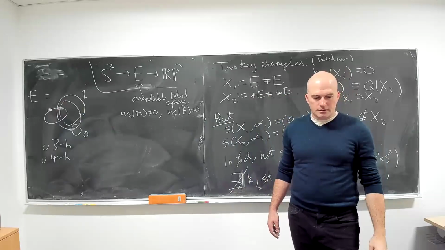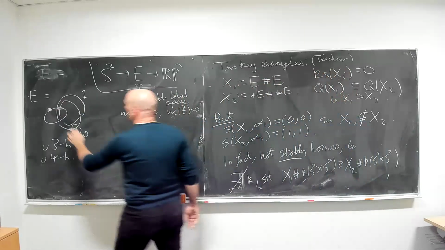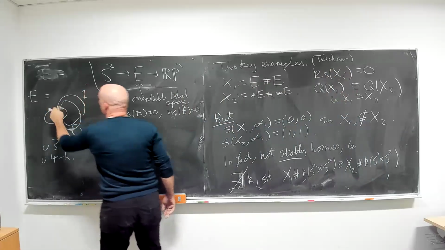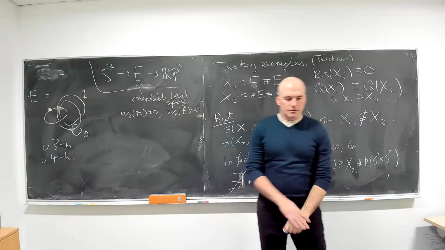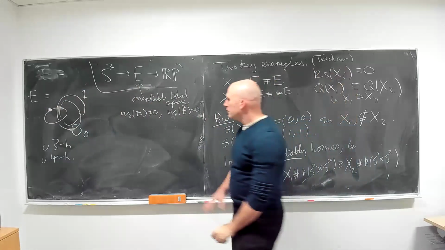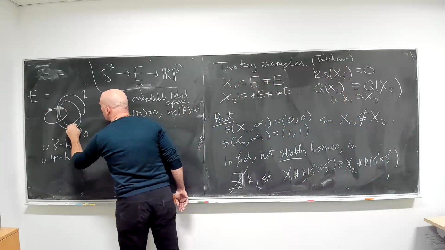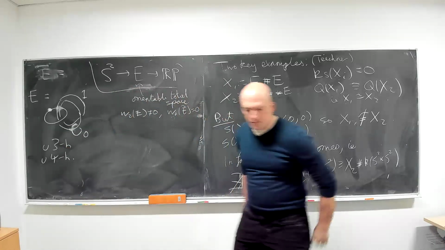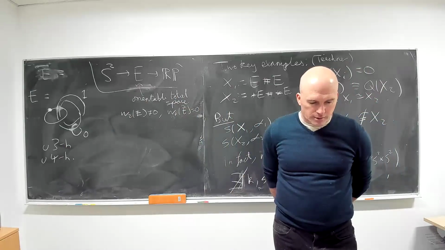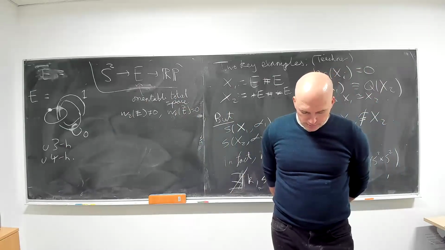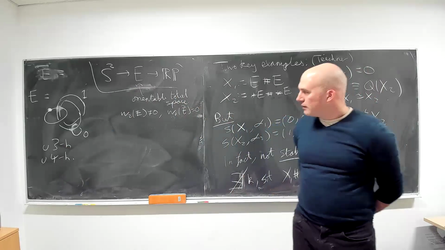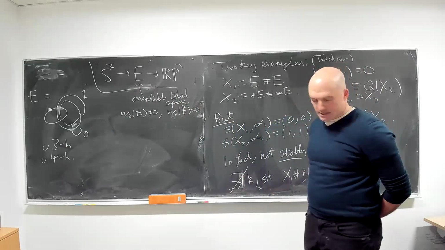So there's a curvy picture for this four-manifold. I'm just trying to make it as easily visible as possible on the blackboard. That's what E is.